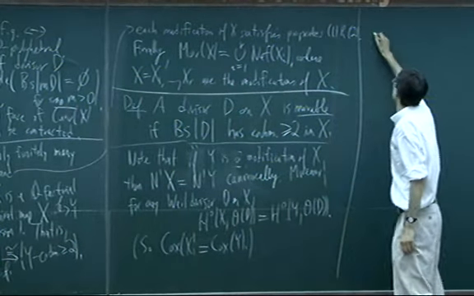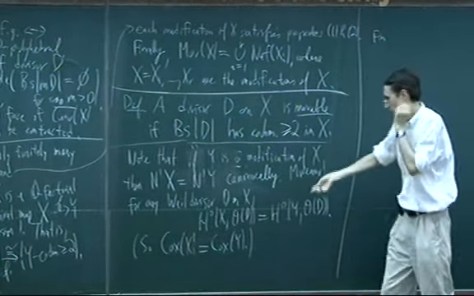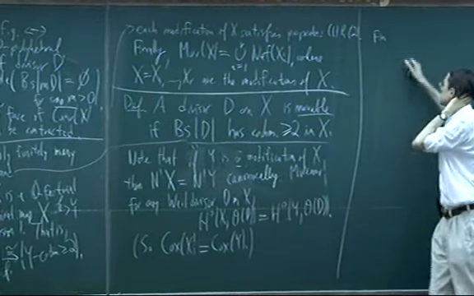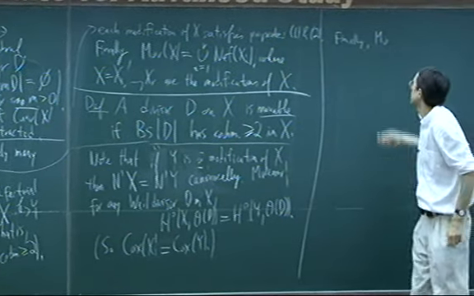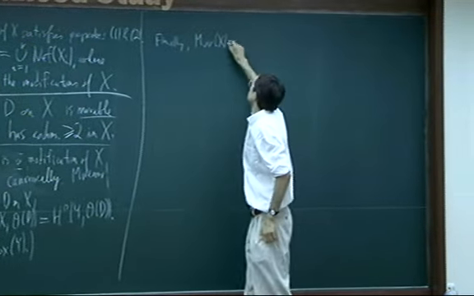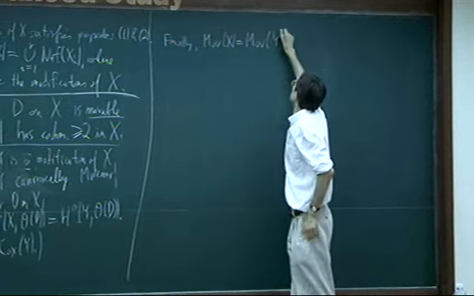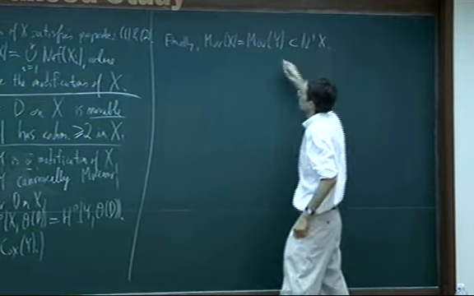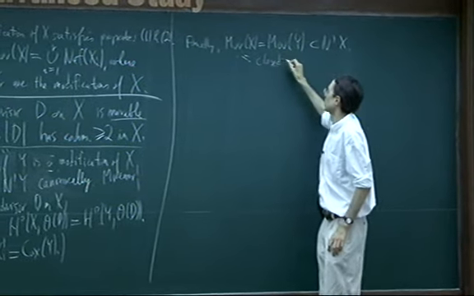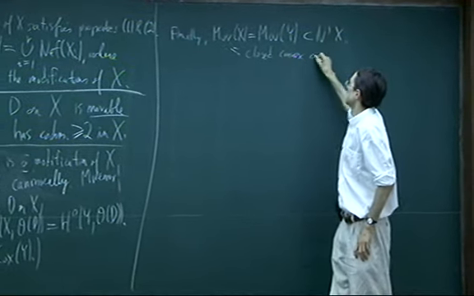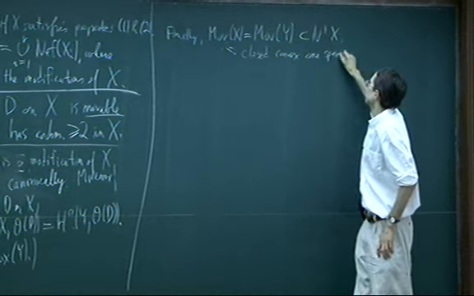So a divisor is movable on X if and only if it's movable on Y. Oh, this terminology didn't get defined. So this just means, for me, let's say the closed convex cone, because I like closed convex cones, spanned by movable divisors.